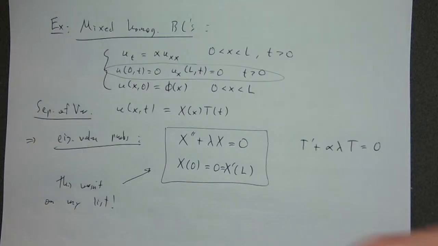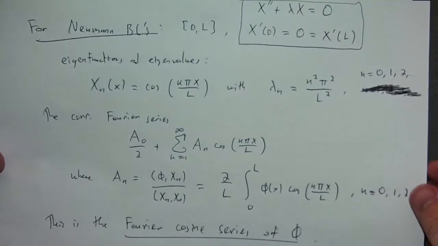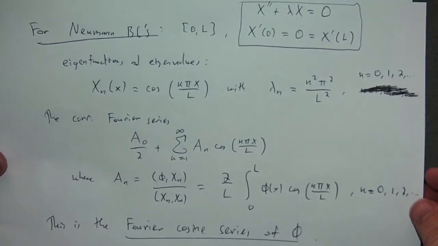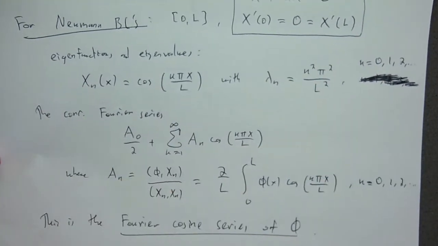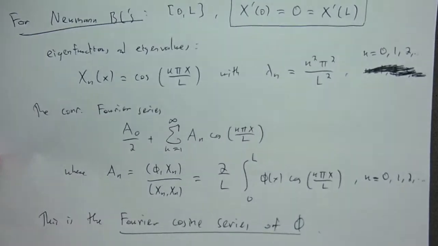We had homogeneous Neumann boundary conditions for our eigenvalue problem, and we had our canned eigenfunctions and eigenvalues. Very similar, but now we have cosine series showing up instead.